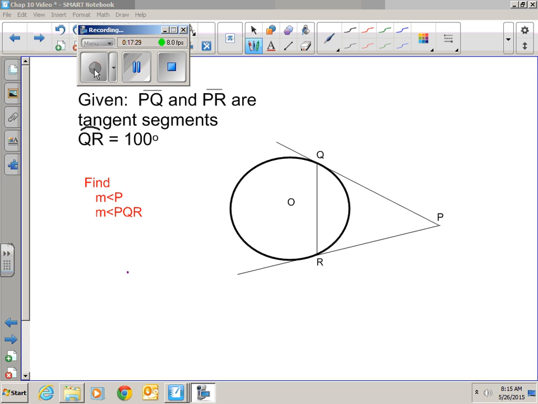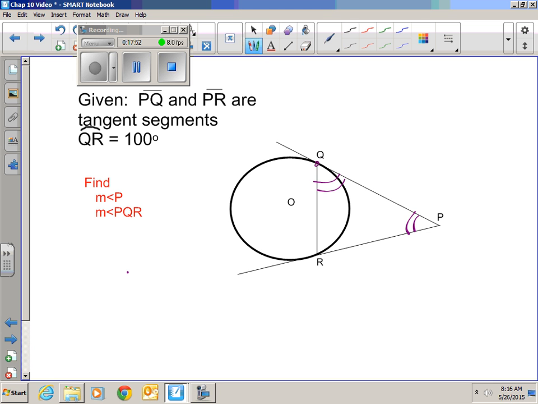Okay, let's try this guy right here. We got to find measure of angle P, which is right here. That looks like a tangent angle. And we got to find measure of angle PQR, which is this angle right here, which actually looks like a tangent chord angle. It's a type 2.